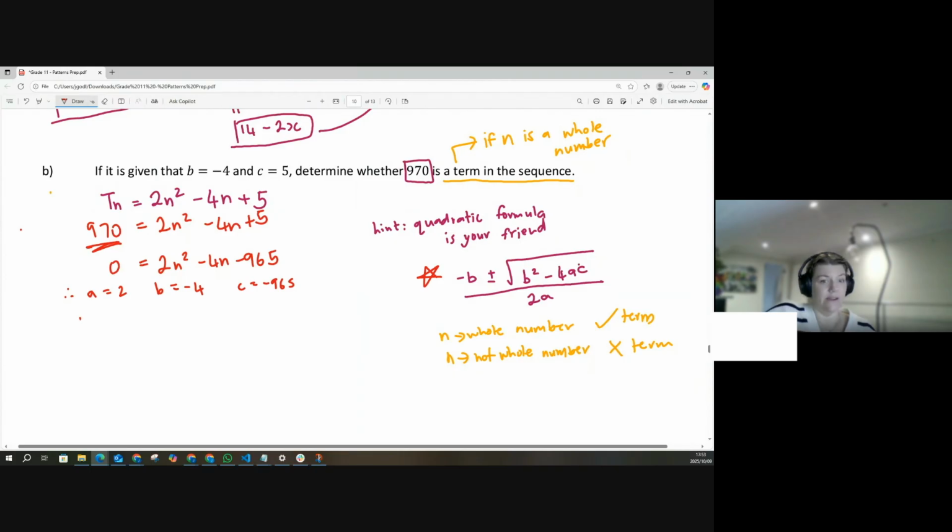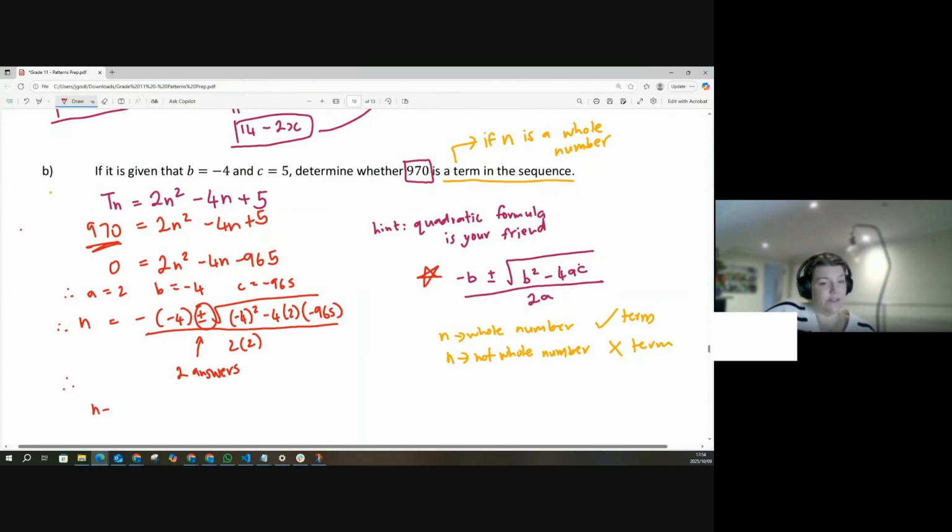Okay, so that means n is equal to negative 4 plus or minus root negative 4 squared minus 4 times 2 times negative 965, all over 2 times 2. And when we pop that into our calculator, we'll get 2 answers, always 2 answers, because there's a plus minus.